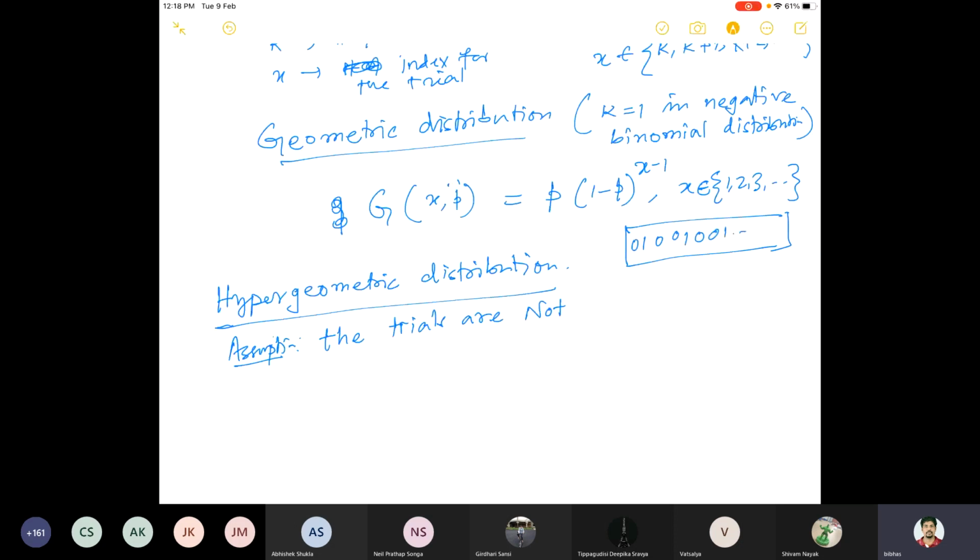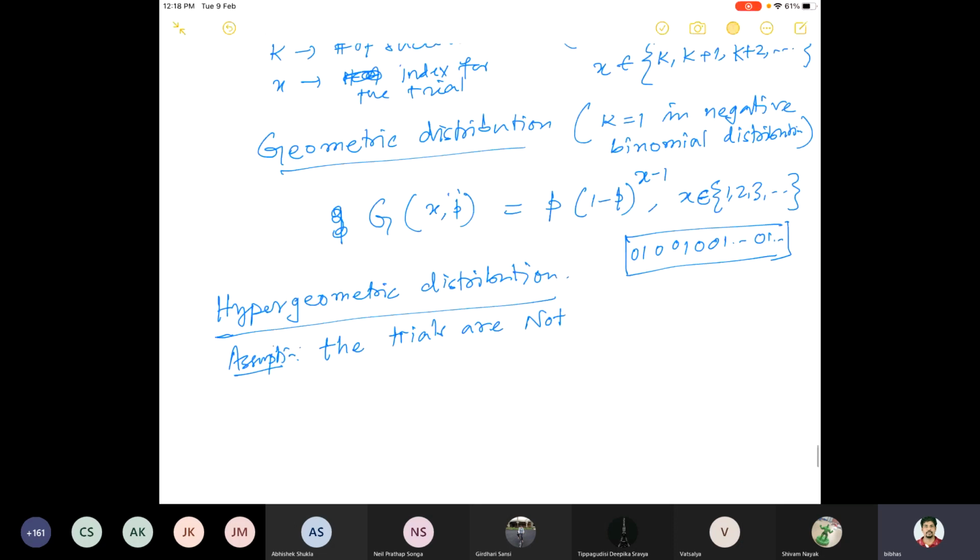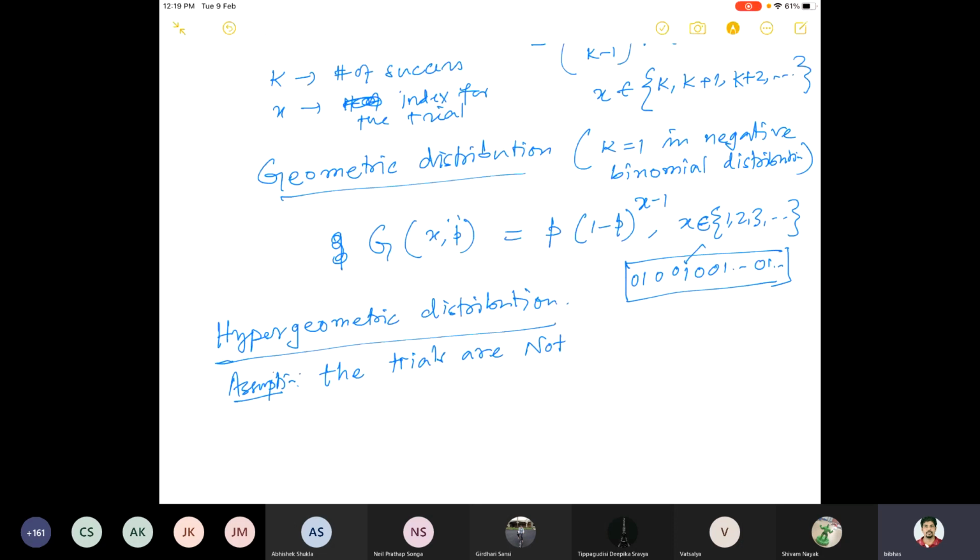In negative binomial, this is the second success in the fifth trial. This is the third success in the eighth trial, but this is the first success.